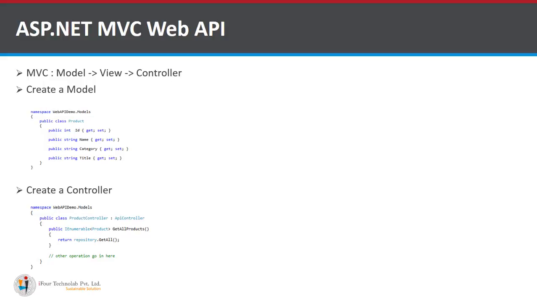Please remark this: you have to inherit ApiController when you are going to create a Web API application. Here you can see there is an enumerable Product method, that is GetAllProduct, returning repository.GetAll. When you are using a Web API, you are going to use a repository pattern, which I will discuss later.